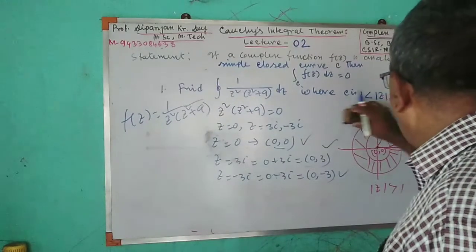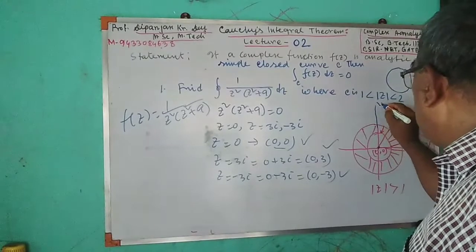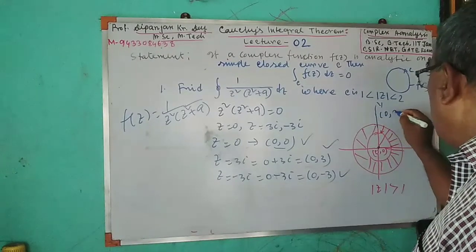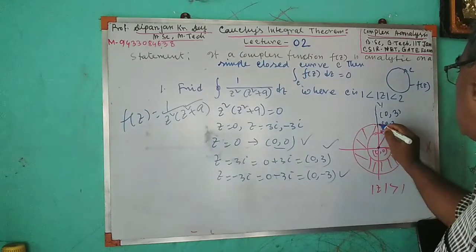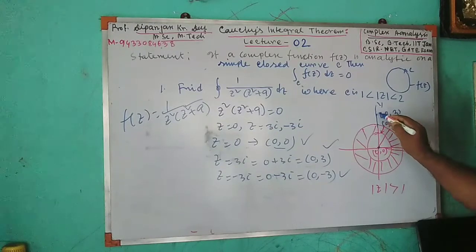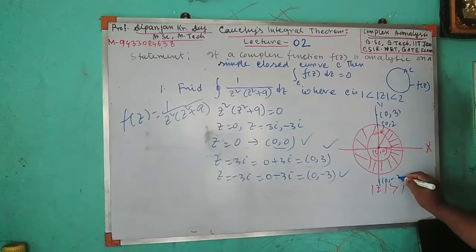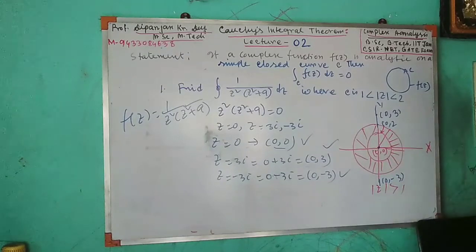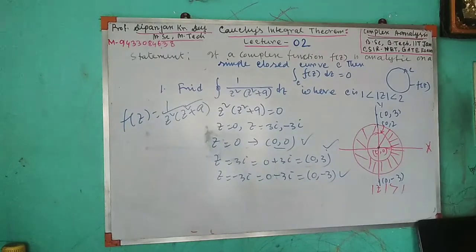You will see this is the y-axis. This point is 0 comma 2 because the radius is 2, this is 0 comma 1, this is 0 comma 3, and suppose this is 0 comma minus 3, and 0 0. All the singular points are not in the shaded region.